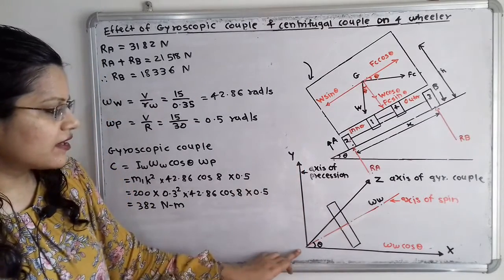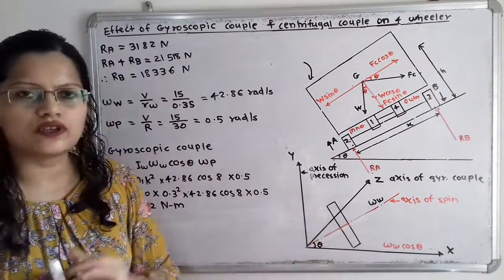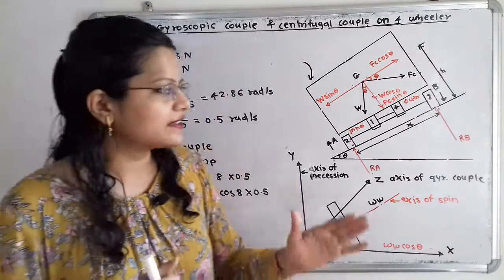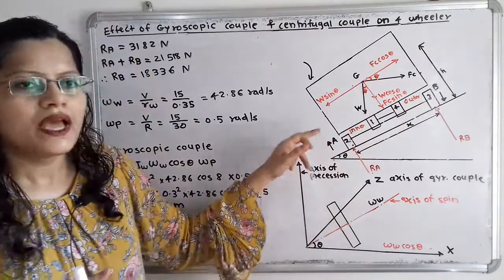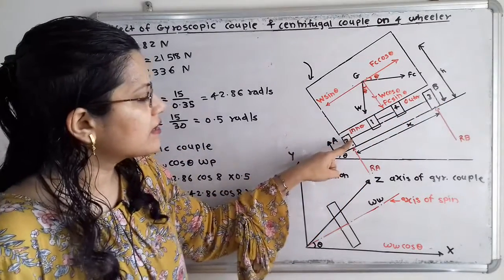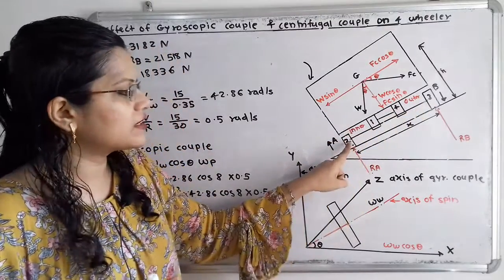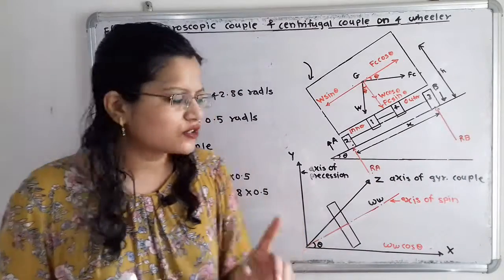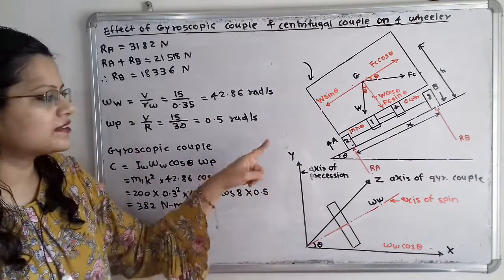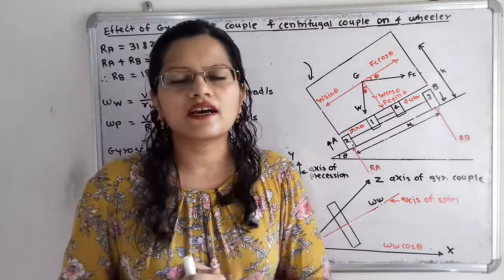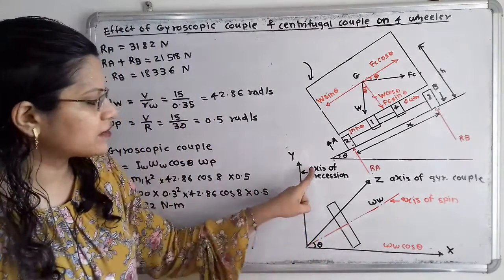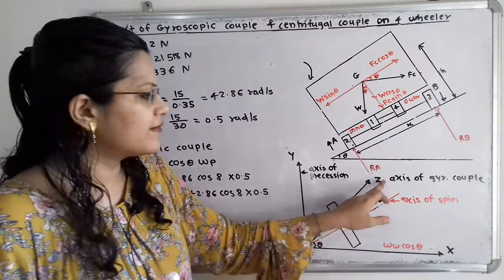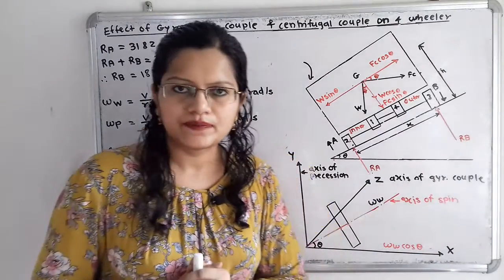If we consider here is the x axis, that is the horizontal, about which there is the axis of spin, but in this case the axis of spin is inclined, because the axle joining the wheels, that is wheel number 2 and 3, is inclined to this horizontal. And the axis of precession is the vertical line passing through the center of curvature of the road. So here is the axis of precession along the y-axis, and the third axis is z, which is the axis of gyroscopic couple.